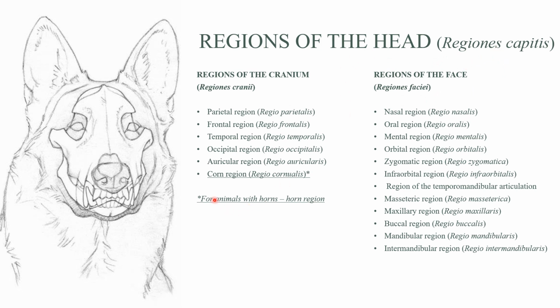Now the only thing that I want to mention, and again you can stop the video and write these down, is the corn region, or Regio cornualis, which is a horn region basically, and this is only used for animals with horns, obviously.